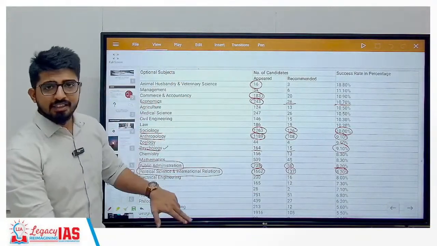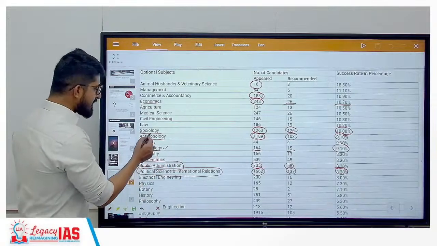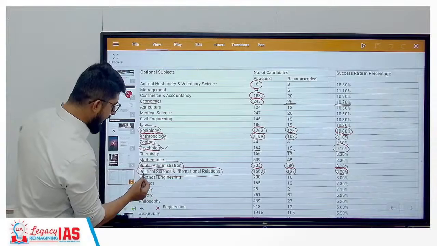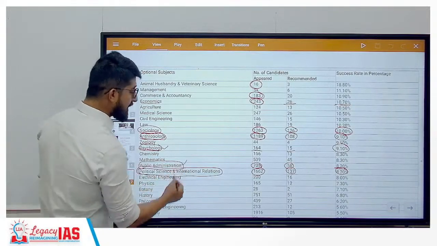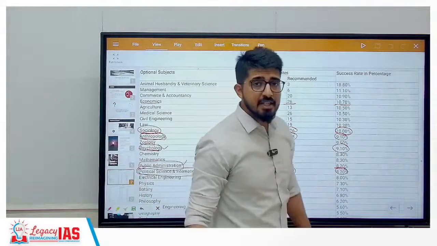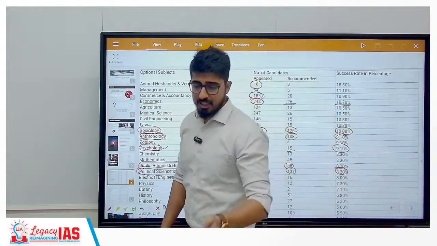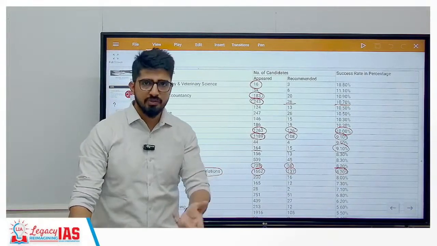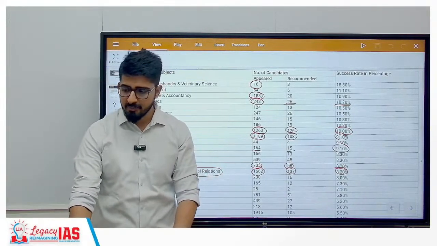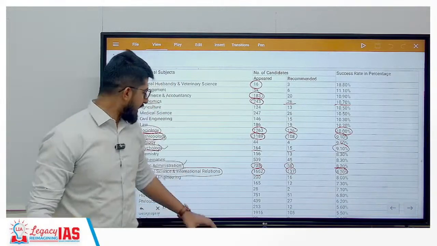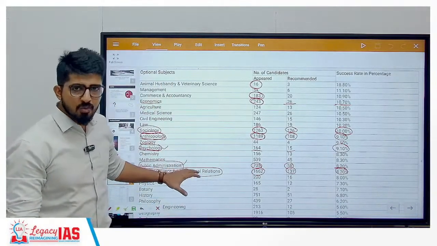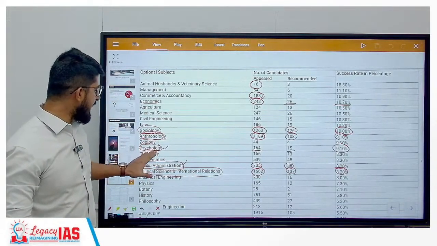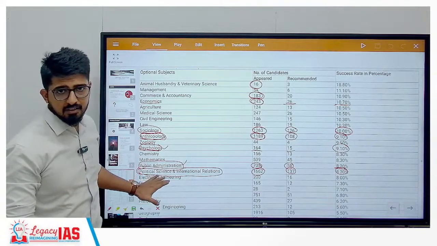Now you see the reason why we provide only sociology, anthropology, psychology and political science as optionals. Public administration could have been provided, but the nature of the subject is such that it requires a lot of current affairs to be at your fingertips. At least 2 years of current affairs are necessary. That is the reason why it is not provided as an optional here. So these are the 4 that we provide: sociology, anthropology, psychology and PSIR, right?